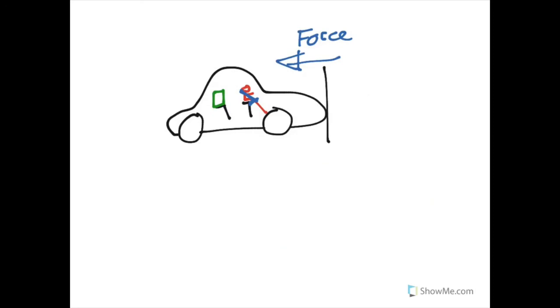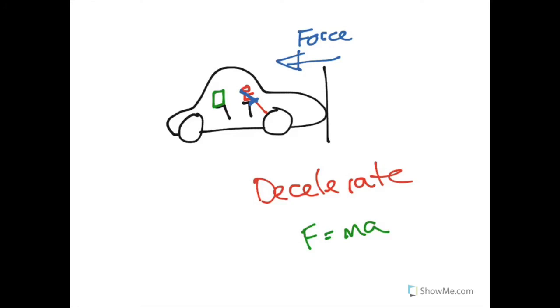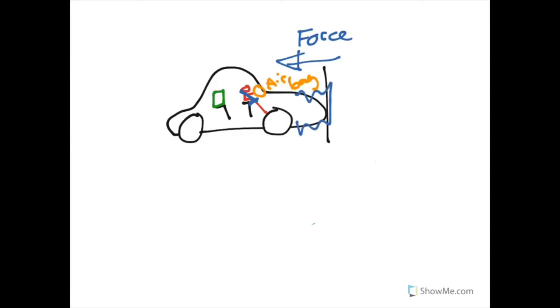What's going to happen to the speed of the car as it crashes? It is going to decelerate, and that deceleration equals the force of the wall divided by the mass of the car, which is Newton's second law. So what is going to feel a bigger force, the shopping or the person who is wearing a seatbelt?